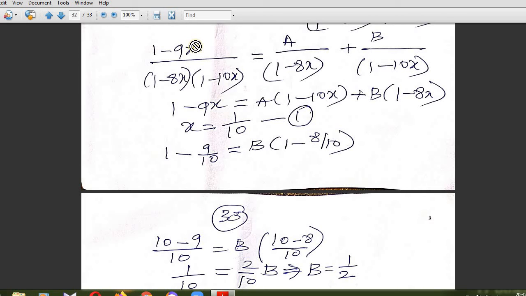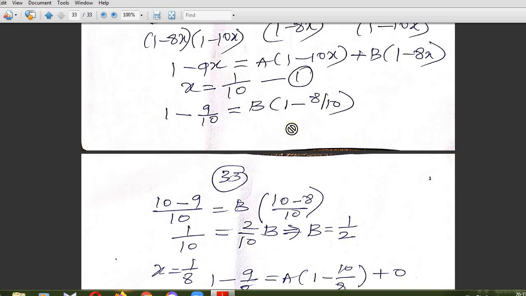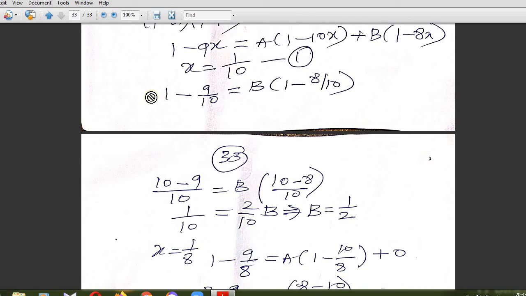You will get 1 minus 9x divided by 1 minus 10x, and then here 1 by 10, this will go off, and you will get here b into 1 minus x is 1 by 10. This side 1 minus 9 into 1 by 10, and simplify this, cross multiply, you get 10 minus 9 by 10.